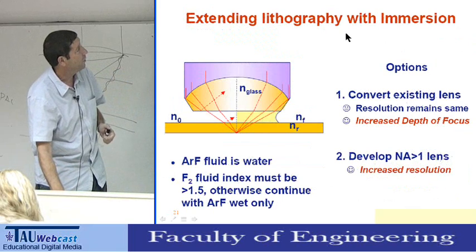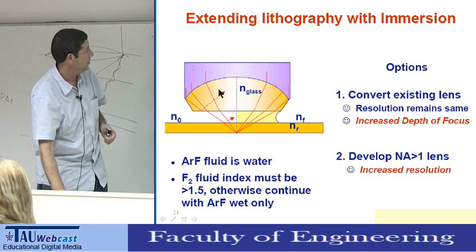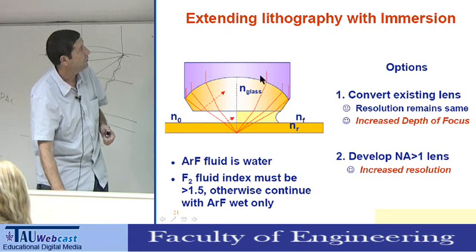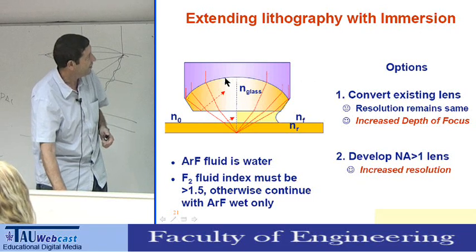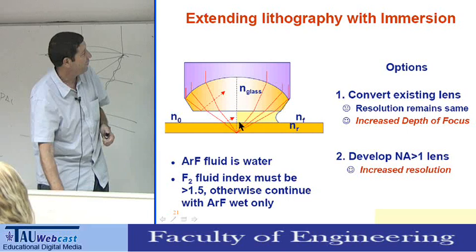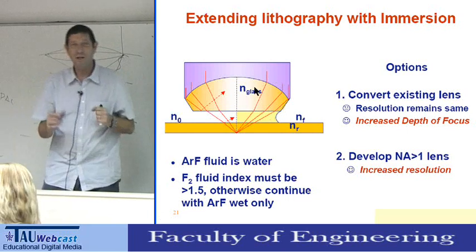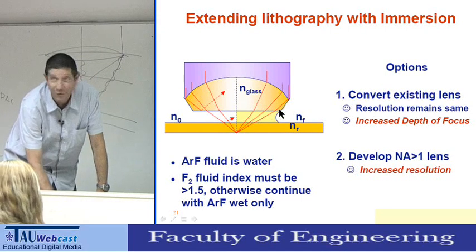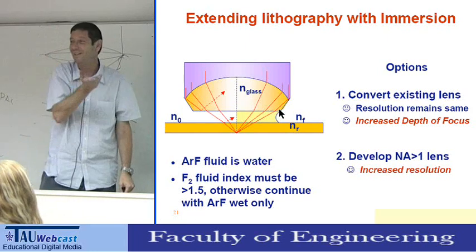So you extend the lithography. If you think about it, this is your wafer, and this is your lens. If you want to use immersion lithography, you have to design your optics so that the bottom is relatively flat. You cannot make a curved lens at the bottom.